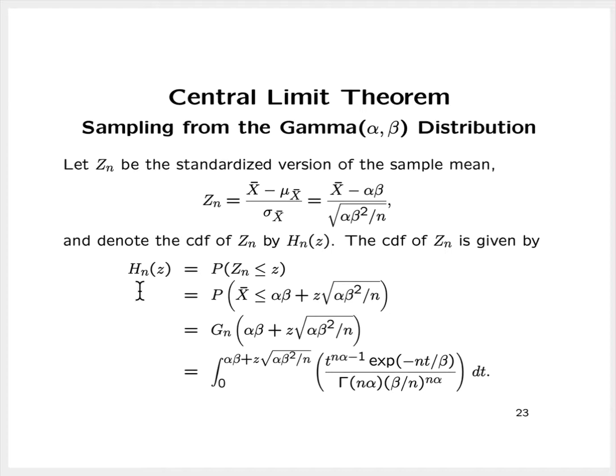Every point on the real line is a continuity point for this distribution. So let's consider a real number Z, and let's consider evaluating the CDF of Z sub n at Z. By definition, this is the probability that the standardized version of x bar, Z sub n, is less than or equal to the argument, little z, at which we are evaluating its CDF.